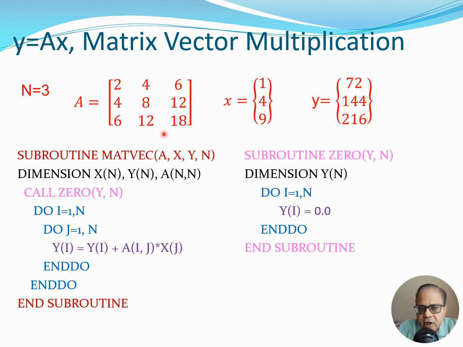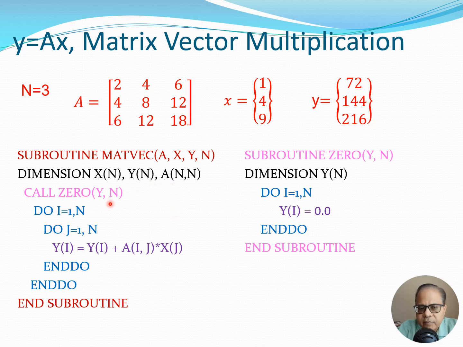So let's try to create a subroutine. We are going to call it matvec, and matvec is going to multiply A with x and return y, and I also need to specify the size of the matrix A and the vectors x and y. So this particular calculation y equals Ax is quite ubiquitous in math, and let's check it out.